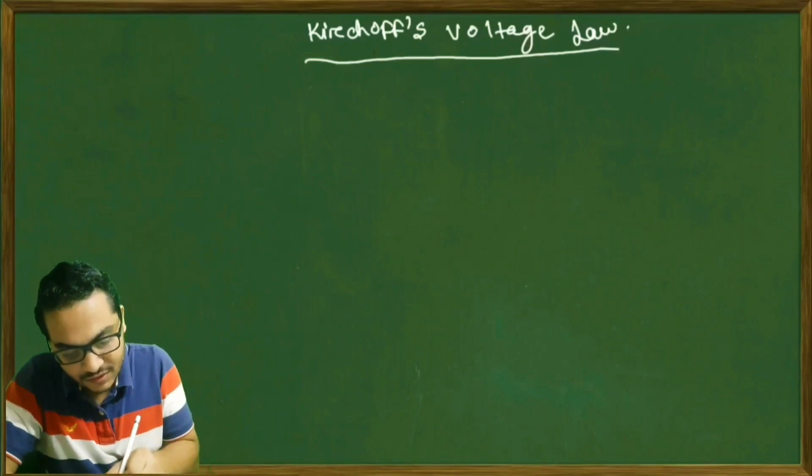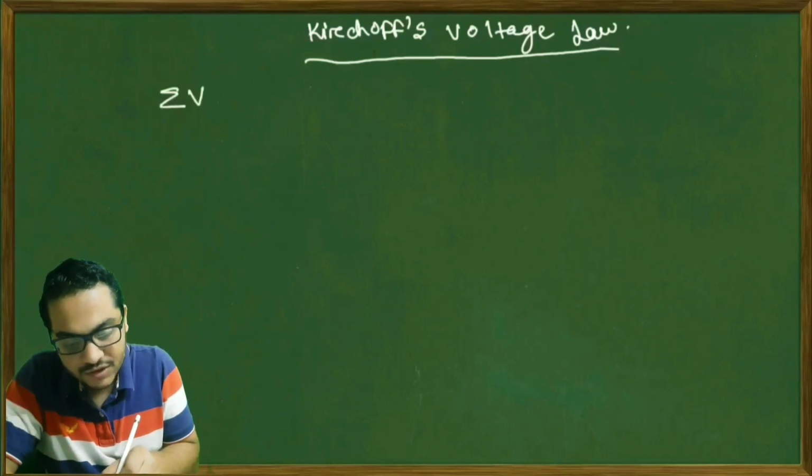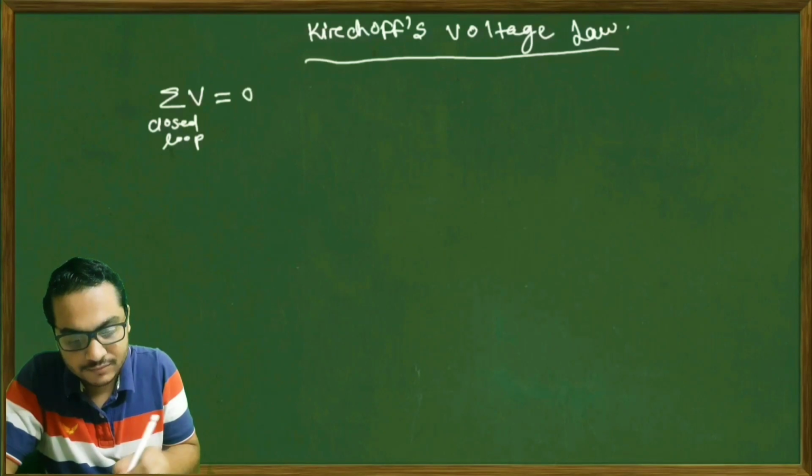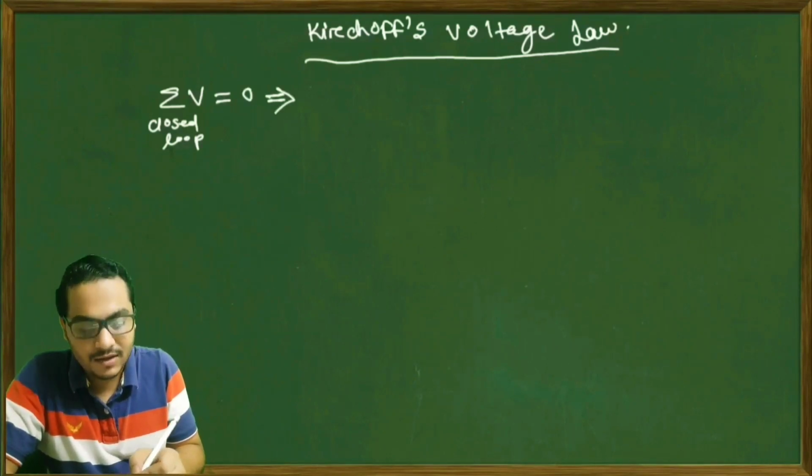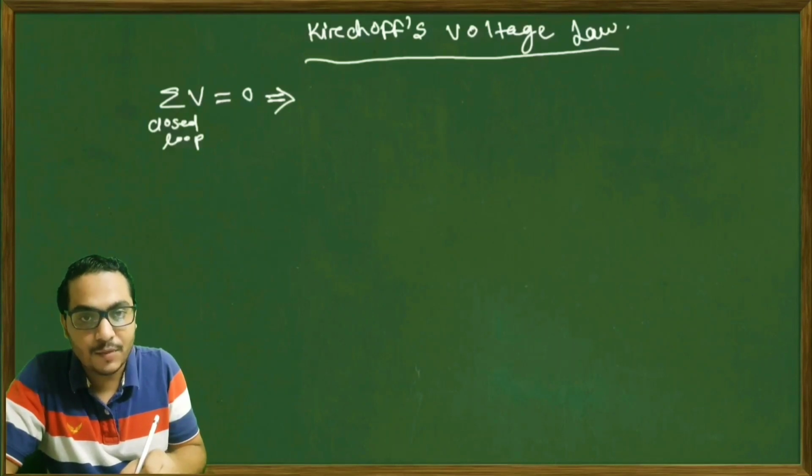That is, the summation of all voltage over a closed loop equals 0.